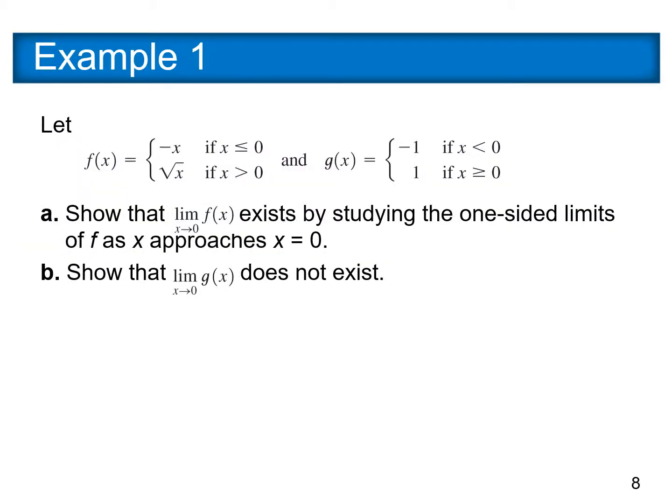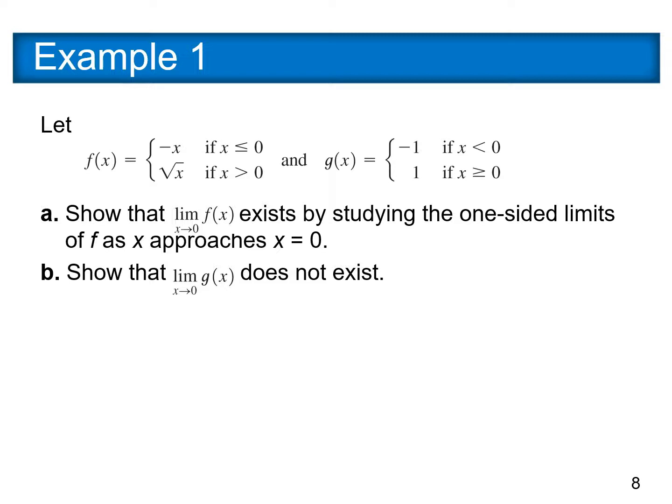To illustrate this, I'm going to do another quick example. I have a function f and a function g. My function f is equal to minus x if x is negative or equal to 0, and it is equal to the square root of x if x is positive. On the other side, the function g is minus 1 if x is negative and 1 if x is greater than or equal to 0.